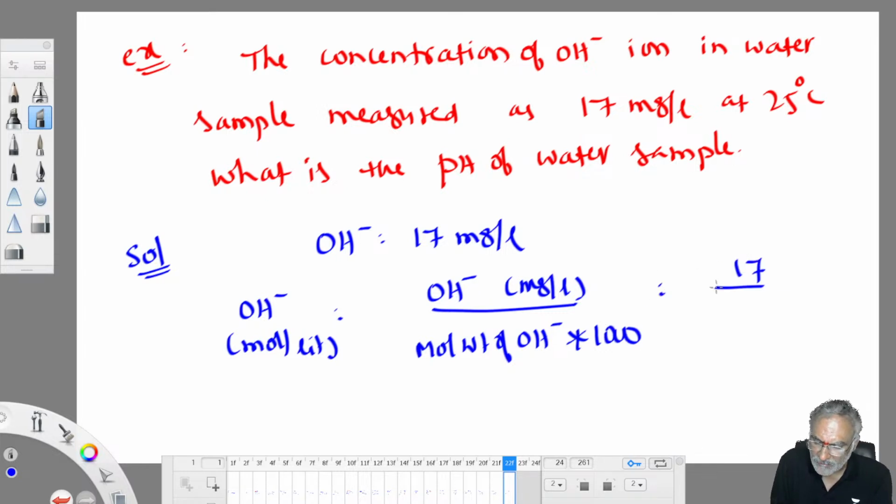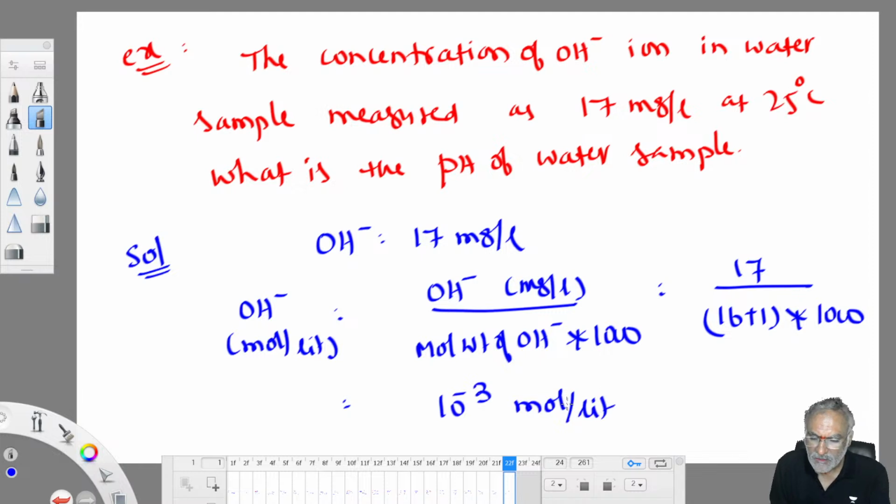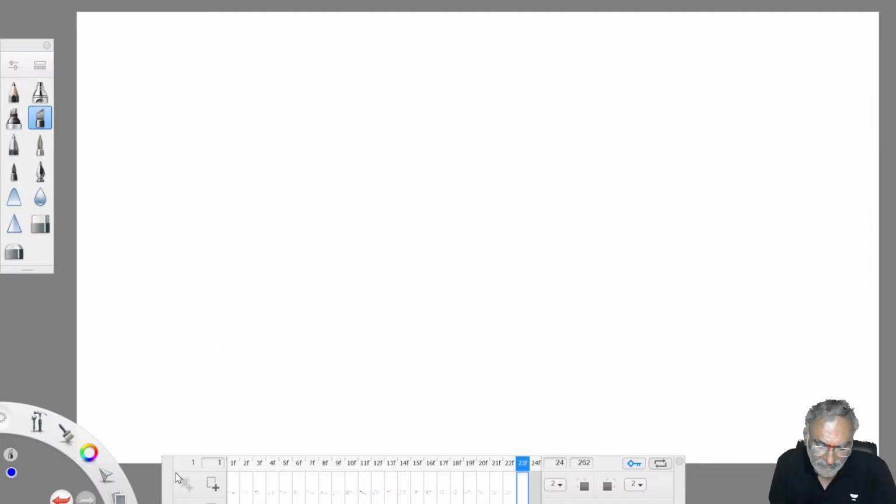It is 17 by 16 plus 1, 17, molecular weight into 1000. So 17 gets cancelled, and we get 10 power minus 3 moles per liter. The OH minus ion concentration is known to you.